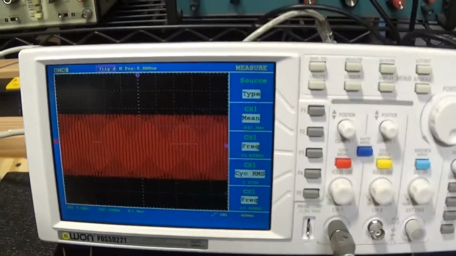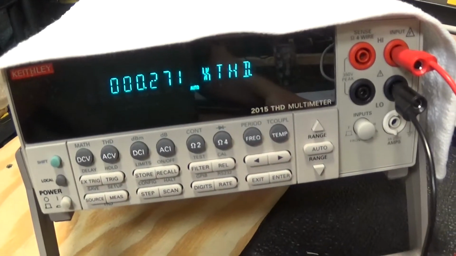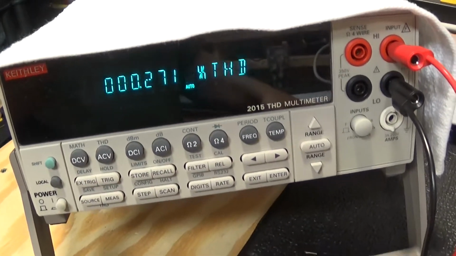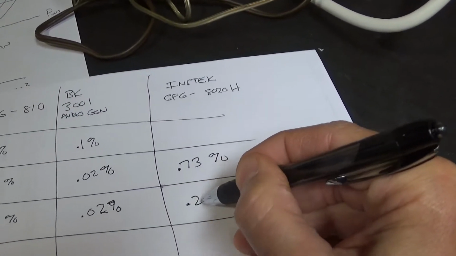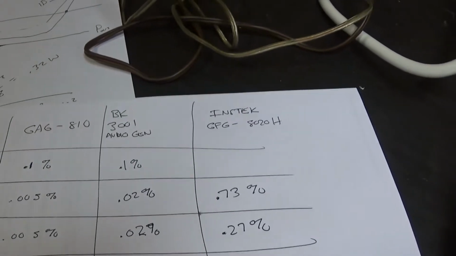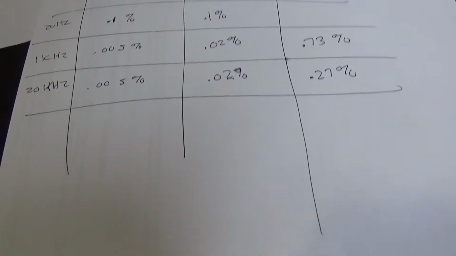Let's hit auto set. Okay. 0.3, 0.27. 0.27%. It got better with frequency.